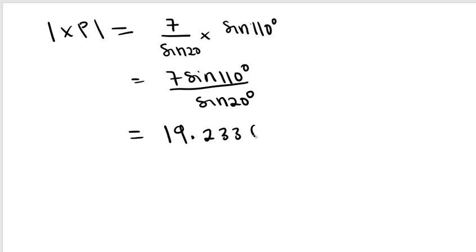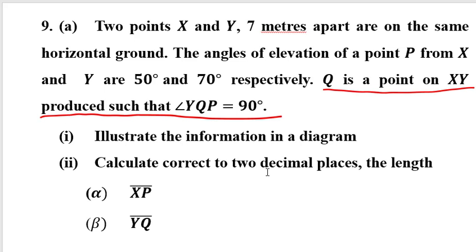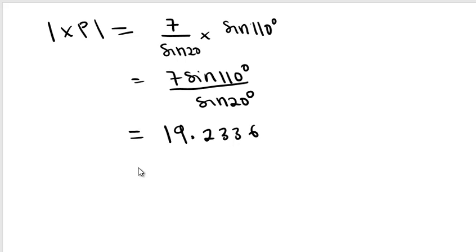You're going to have some infinite decimals there, but don't forget the question was asking you to do what? Correct to 2 decimal places. So to 2 decimal places we have 19.23, and this is the length of XP.